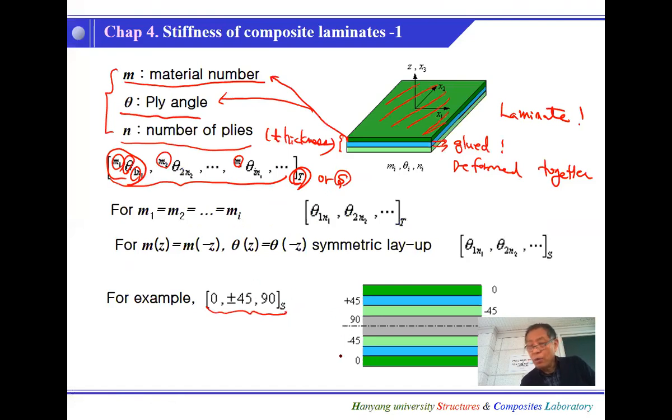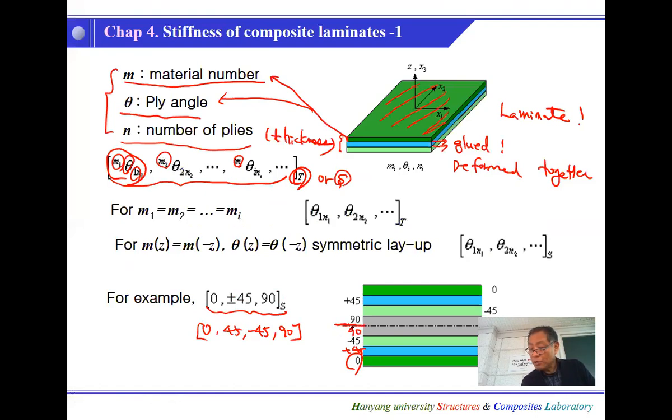For example, this one, a very standard layup. So always starting from the 0, 0, plus 45, minus 45. So this is the same as a 0, plus 45, minus 45, and 90, and symmetric, okay, symmetric. This is the 90, and symmetric means the mirror symmetric.